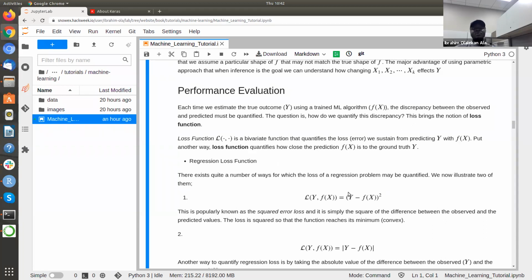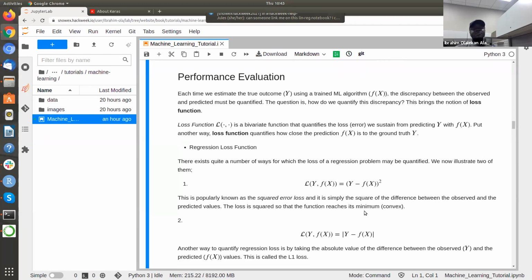To overcome that, we put a square. This kind of loss function is called the squared error loss, that is, you square the error you get from predicting Y using f of x. The reason for the square is to avoid the errors canceling out, and it is also for mathematical convenience. If this function is squared, then we'll be able to optimize it.